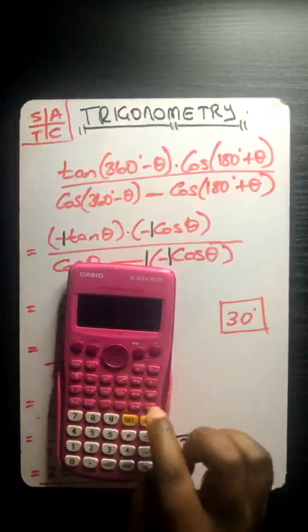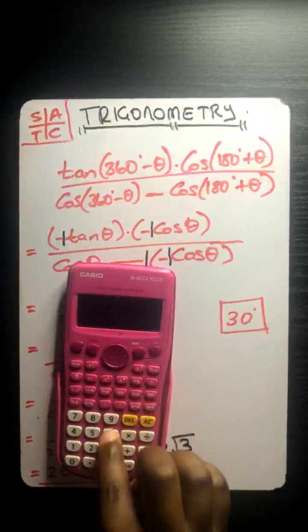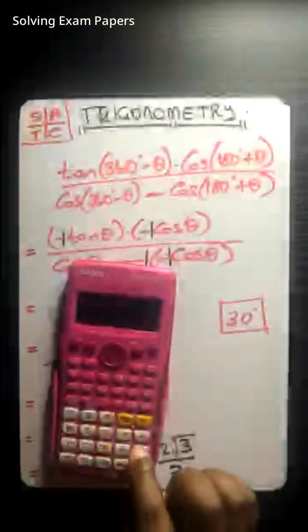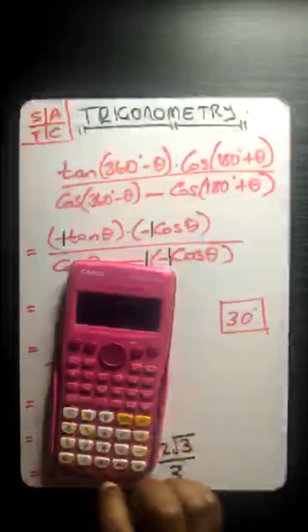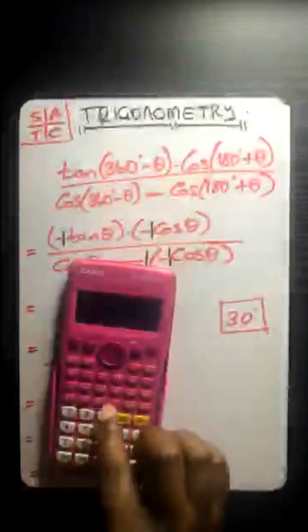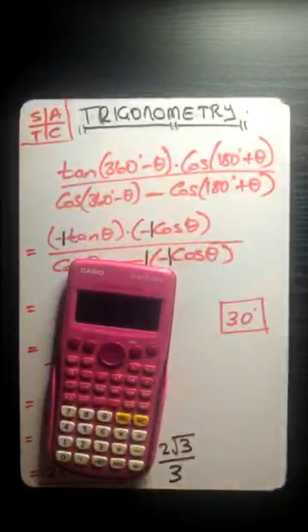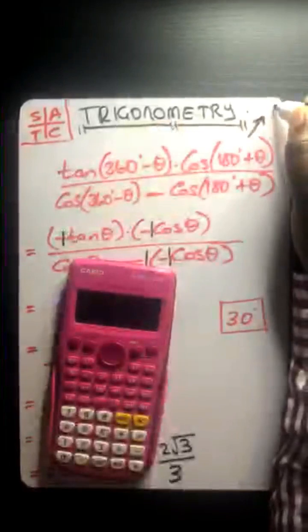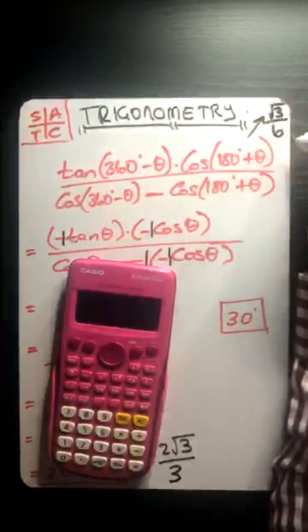You go to the bottom, you say cos of 360 minus angle being 30. Then you minus, you say cos of 180 plus angle being 30. Then you say equals. You see, this one gives me square root of 3 over 6.